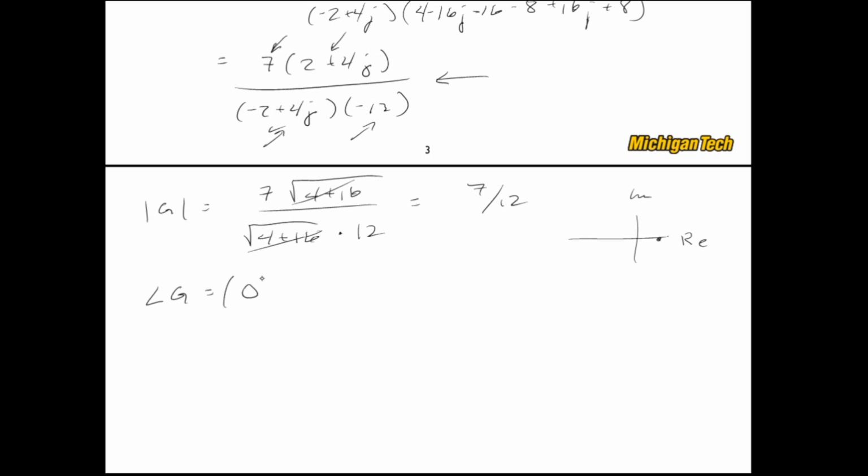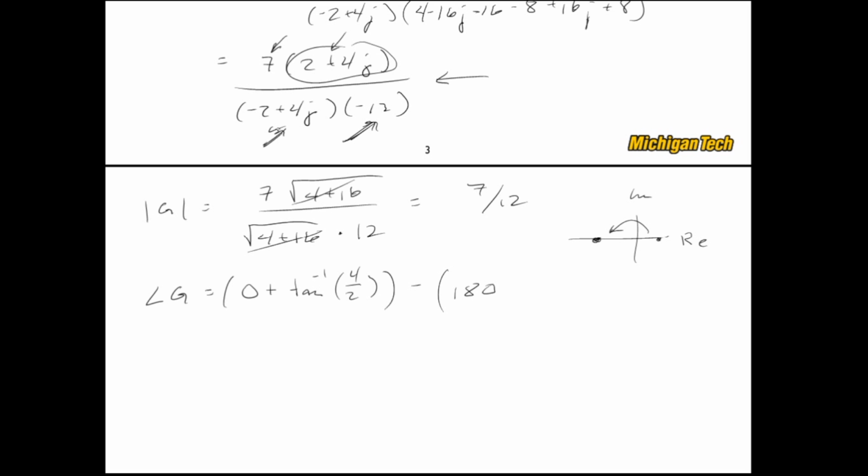So I'll just give that as 0. Plus the phase angle of this piece right here, which would be the inverse tangent of 4 over 2. And so far, so good. Minus, well, now let's do the phase angle of negative 12. Well, negative 12 is sitting over here. And so its phase angle is actually 180 degrees.